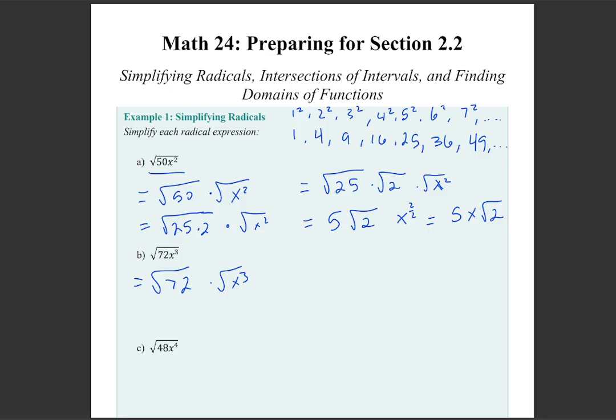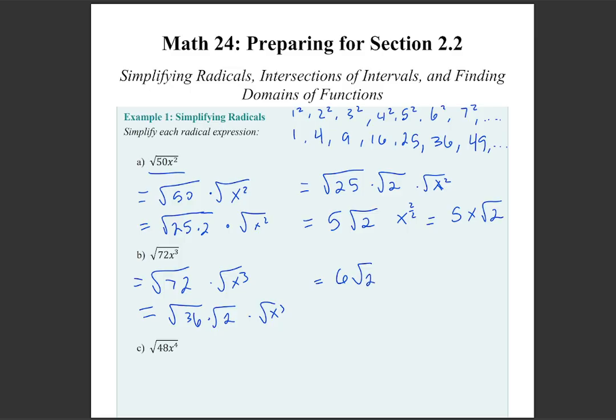You can put that in a calculator if you have to see it. 36 times 2 is 72. So let's go there. So now I have square root 36 times square root 2. That was what made up the 72. Times the square root of x cubed. Now, the square root of 36 is 6, so we have 6 square root 2.